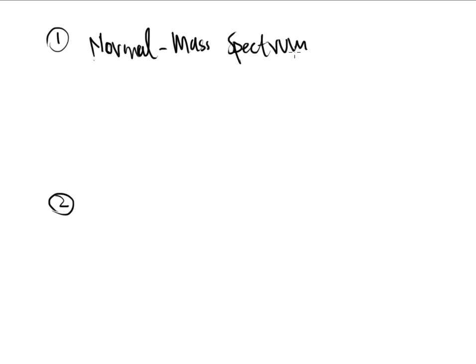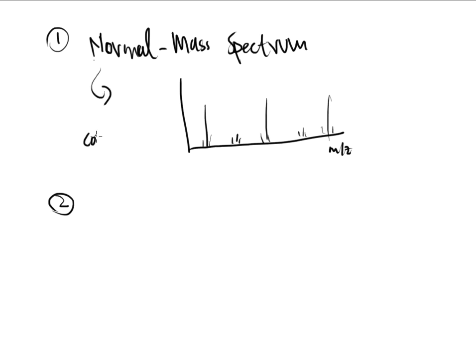This is really what we've talked about the entire time. We have M to Z or formula weight down here at the bottom, and then we will get basically lines everywhere. What we're doing is looking at complete fragmentation here. That's option number 1. Complete fragmentation.